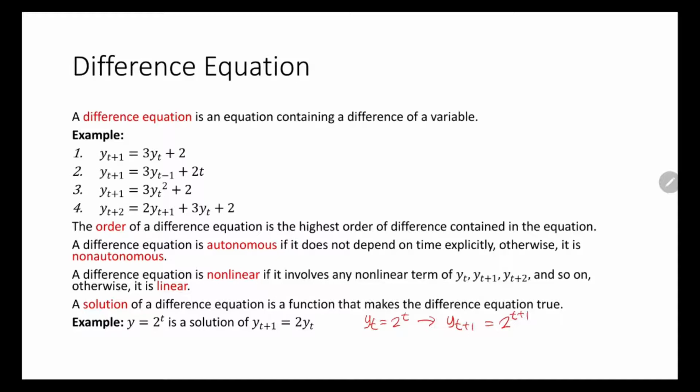And then if we substitute that into the equation, we will have 2^{t+1} equal to 2 times 2^t, and of course this is true. So in this case, y = 2^t is a solution of the difference equation.